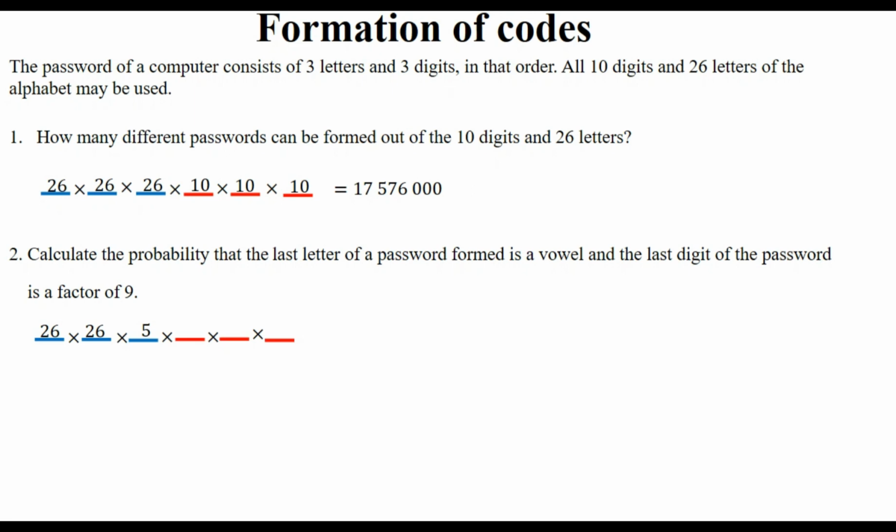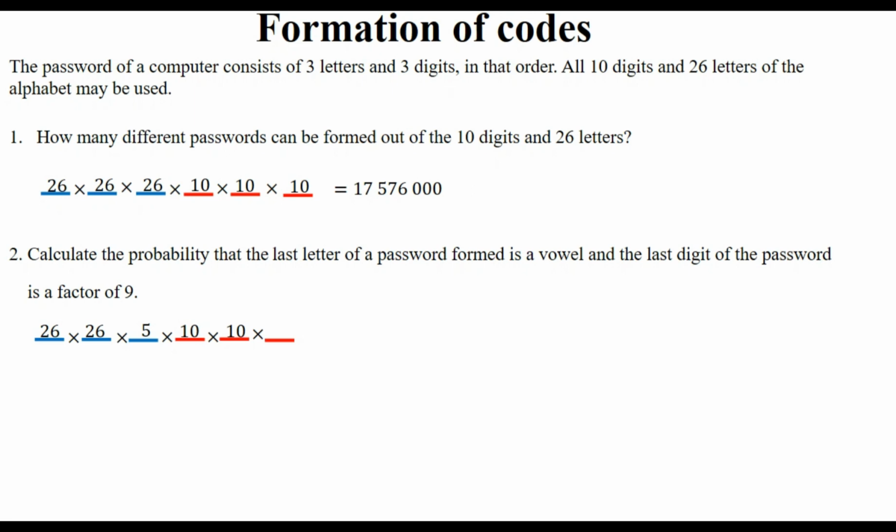Let's move on now to the digits. You see 10 and 10 because the first two positions, there's no restriction. But now coming to the last one, it says that the last digit of the password is a factor of 9. What is a factor? What are the factors of 9?